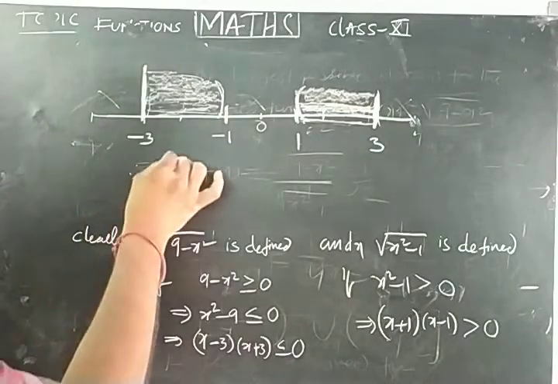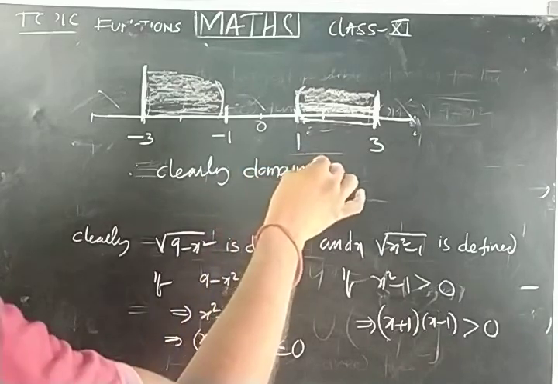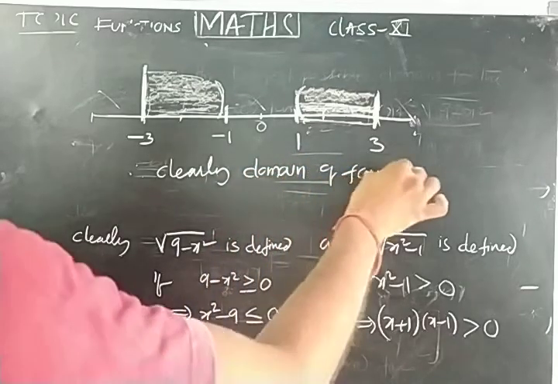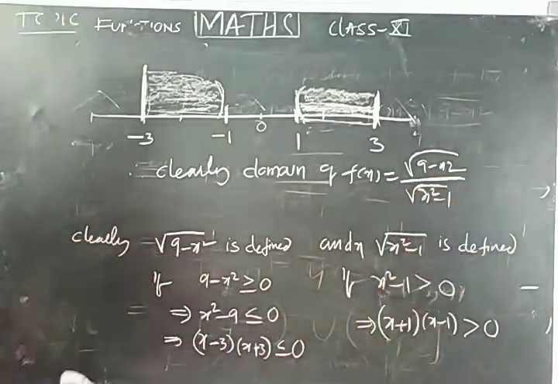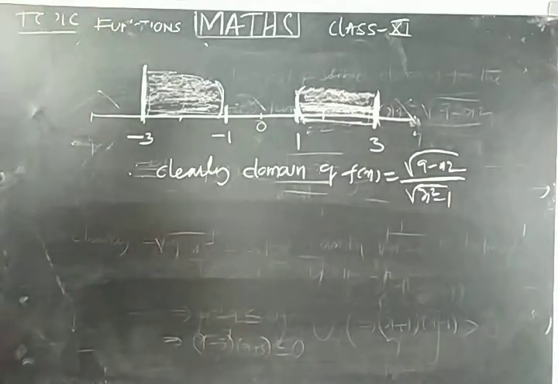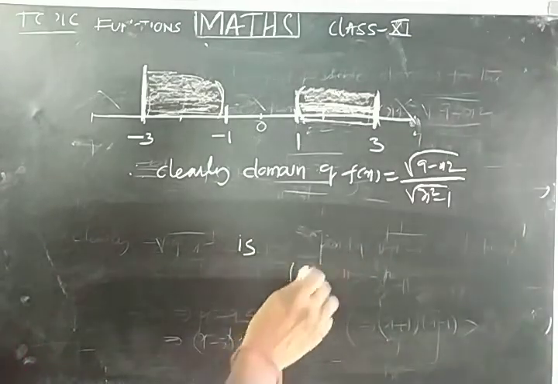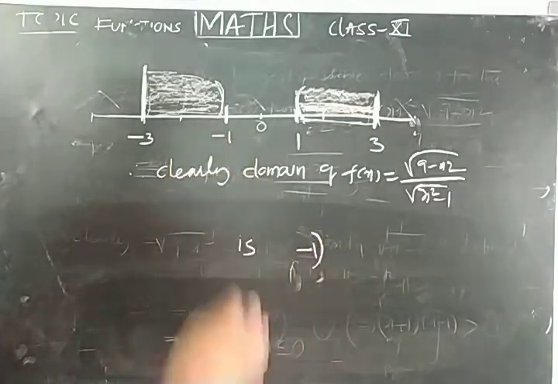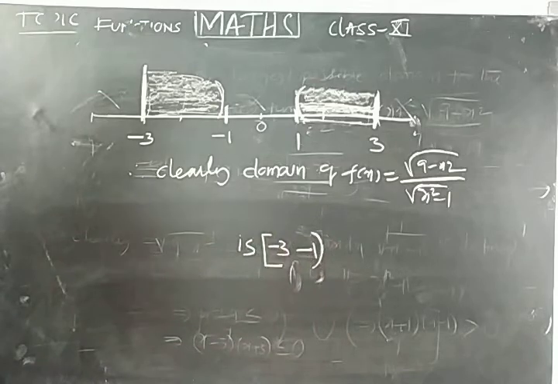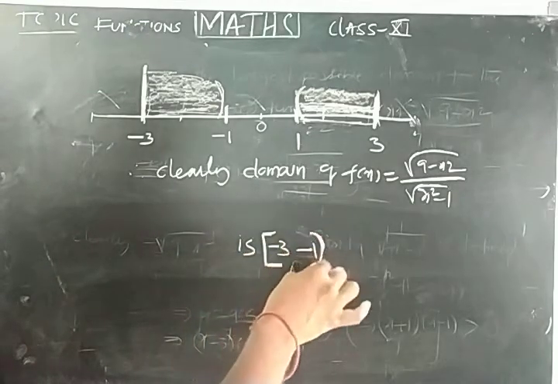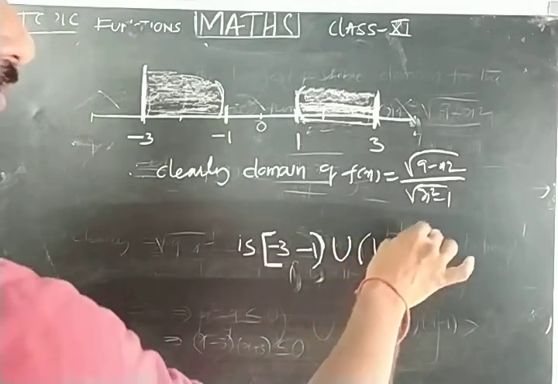So therefore, clearly the domain of f of x is equal to 9 minus x square by root of x square minus 1 is: open interval at minus 1, because we are not taking minus 1, to minus 3, left hand side closed, right hand side open, union 1 to 3 also, left hand side open, right hand side closed.